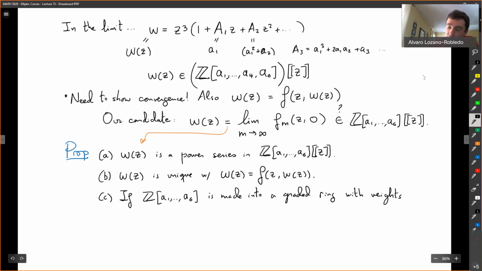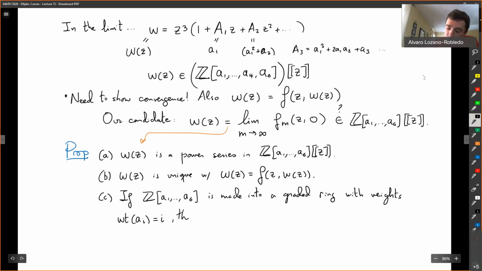I'm going to put a weight for Ai to be of weight i. So this is a ring with five variables: A1, A2, A3, A4, and A6. Each one has weight i. So A4 has weight 4, A6 has weight 6.